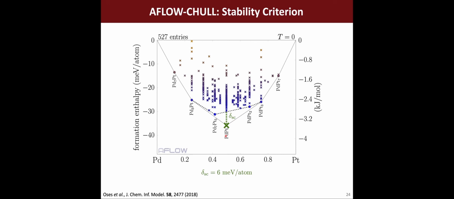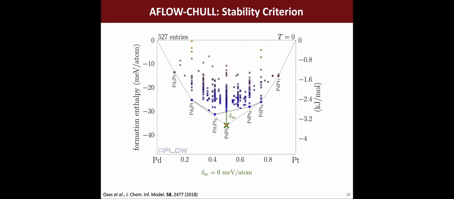Let me tell you what the analysis is here. For the stability criterion, for each stable point on the convex hull, we take this point, remove it from the convex hull, and recalculate the new convex hull. This is the convex hull in the dotted lines that forms if you remove this point here, and we look at the energy difference between the point and that pseudo hull.